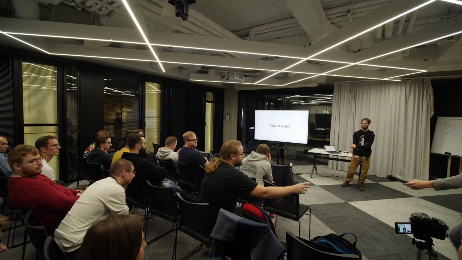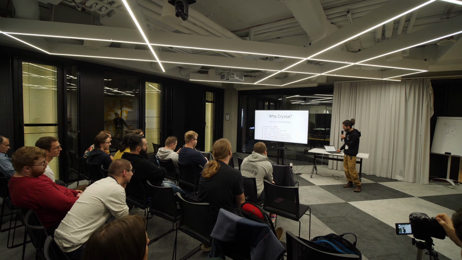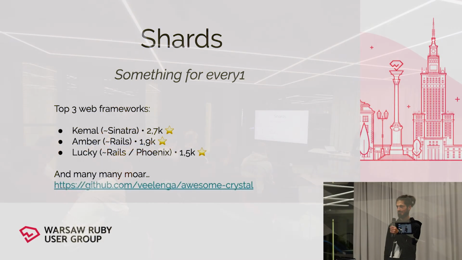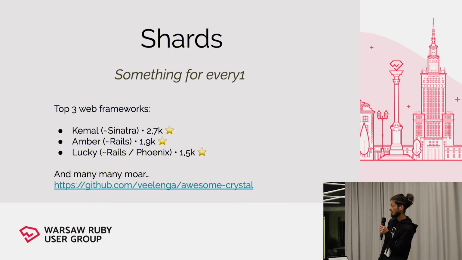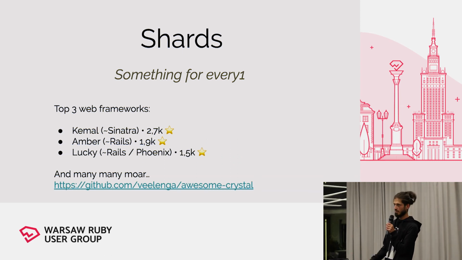Okay, so I'll go with the second question everyone asks. What about web frameworks? Are there any? Let me go back. The stars don't need to tell you any story, but they are already years in development and used.